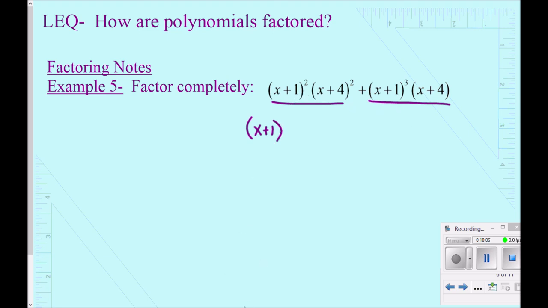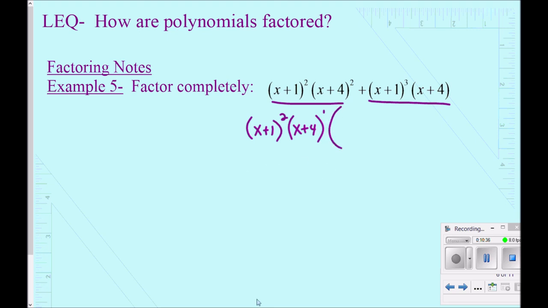The highest they have in common is the squared, because only one of them is cubed. They also have an x plus 4, and I'm comparing 2 versus 1. The highest that they both have would be a 1. So I can either just leave it as x plus 4 or put a 1 as the exponent. Either's fine. So that is my GCF.